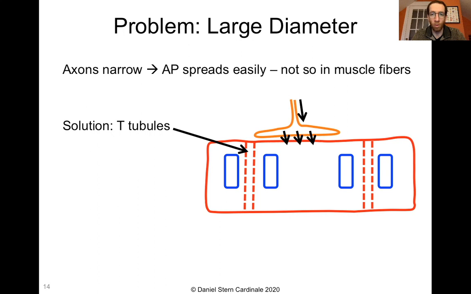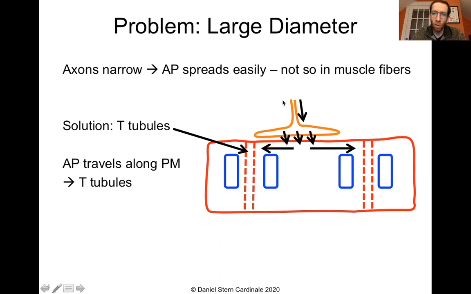It's T-tubules. So what's going to happen here is we have a signal from a motor neuron that's going to release acetylcholine across the synapse and trigger a depolarization of that plasma membrane. That depolarization is not going to affect most of the muscle cell. It's only going to travel along the plasma membrane where you have voltage-gated ion channels.